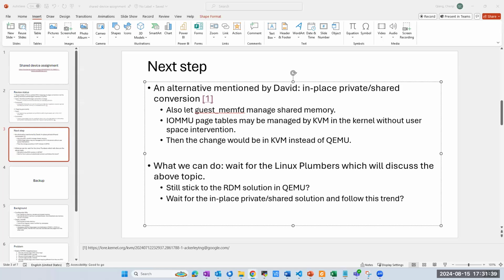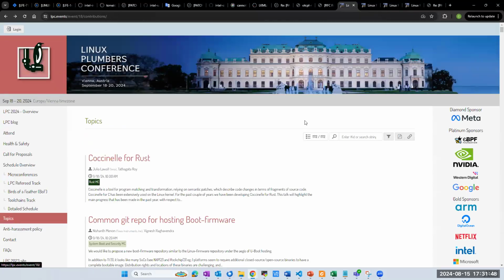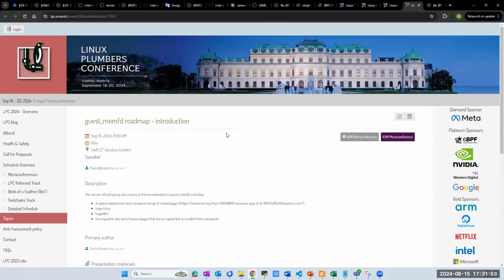I'm looking here too. Guest_memfd roadmap? Yeah, guest memory roadmap, the first topic here.